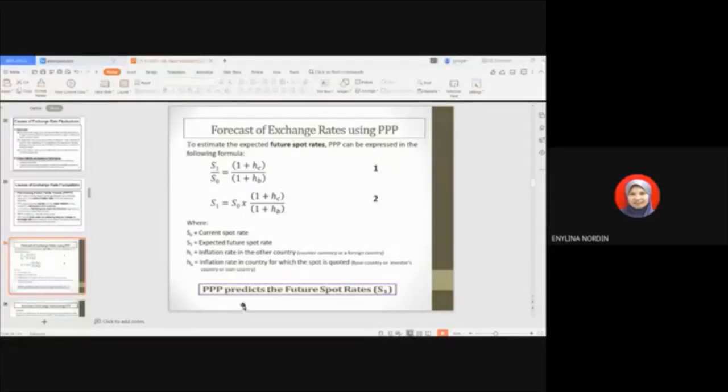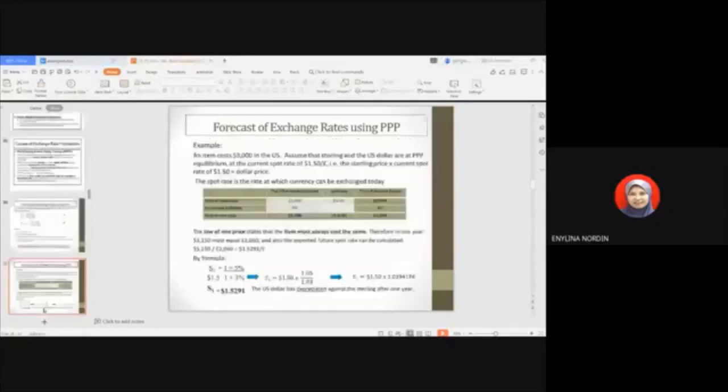So we use PPP to predict the future, or expected, spot rate. So how are we going to apply this formula?